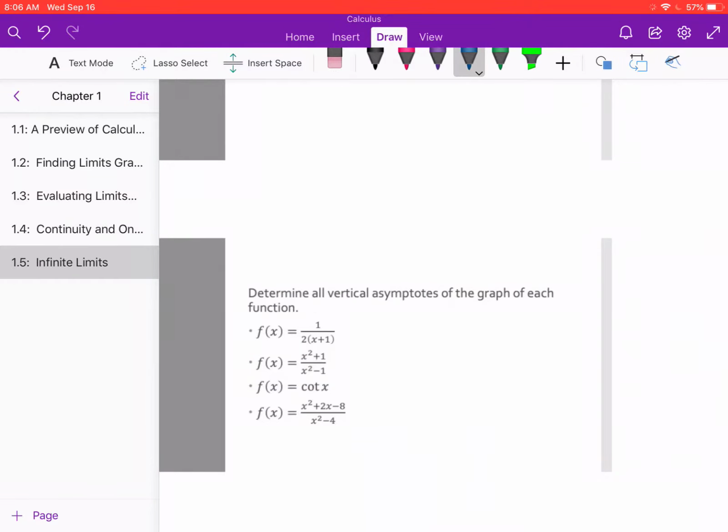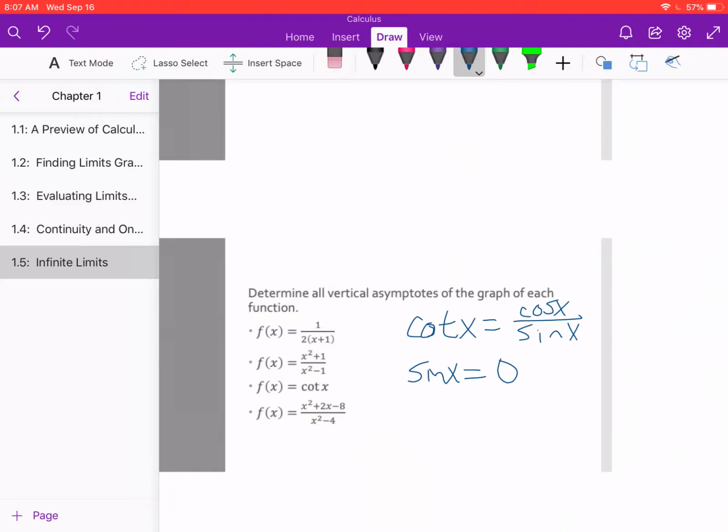All right. f of x equals cotangent of x. Remember, cotangent is like 1 over tangent. Tangent is sine over cosine, so this is cosine over sine. So we want to know where sine of x is equal to 0. We can use our unit circle for that.